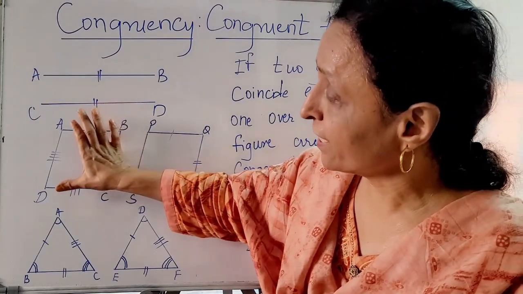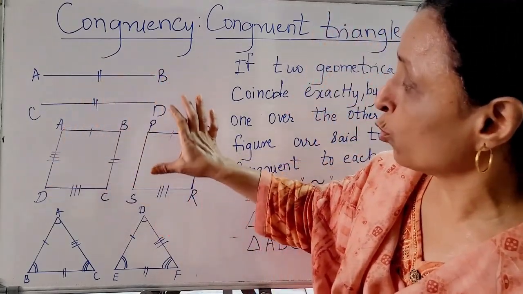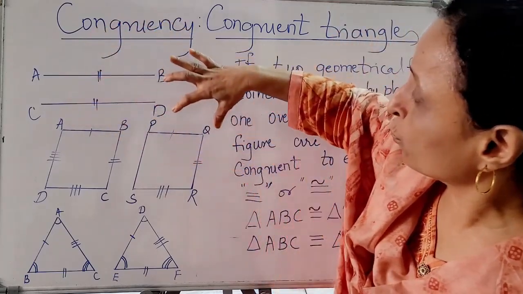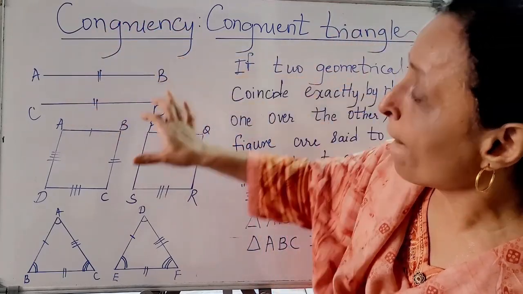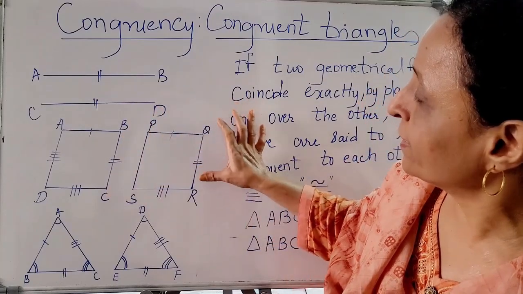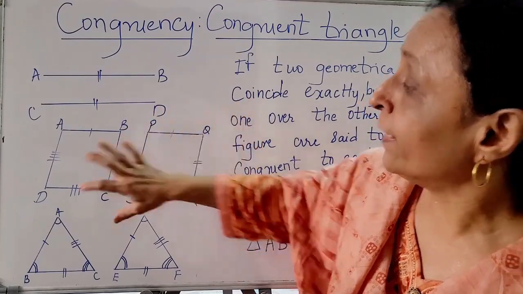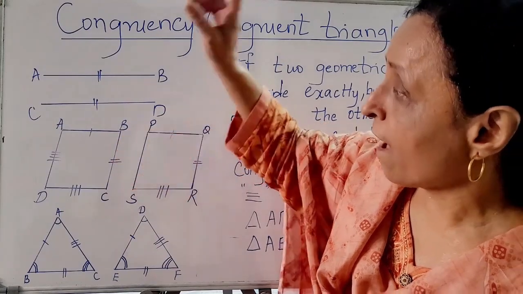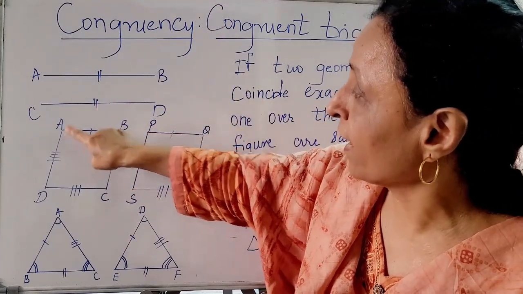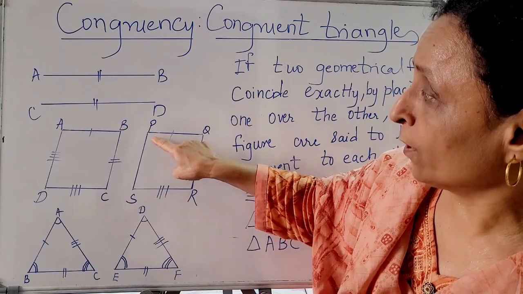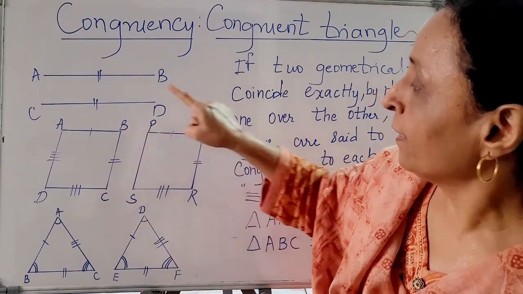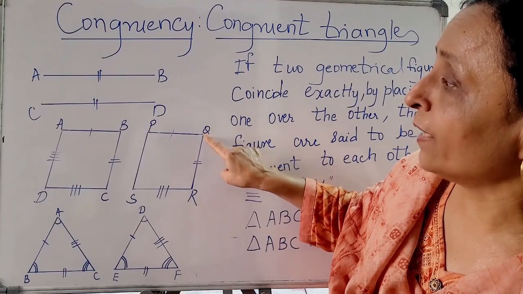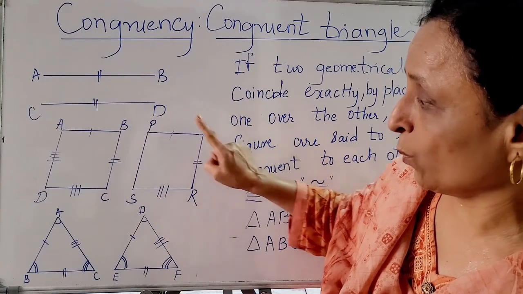The sides AD has to coincide with PS, AB with PQ, BC with QR, DC with SR, and the angles A has to correspond to P, B to Q, and the angles will be exactly equal.